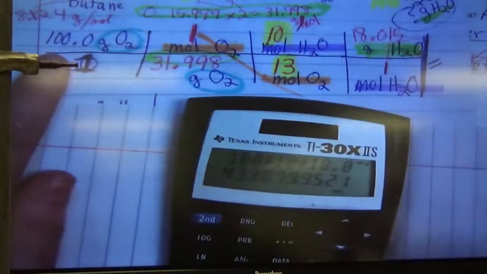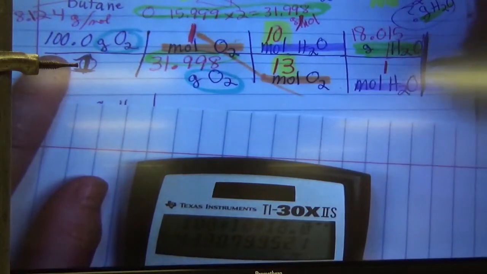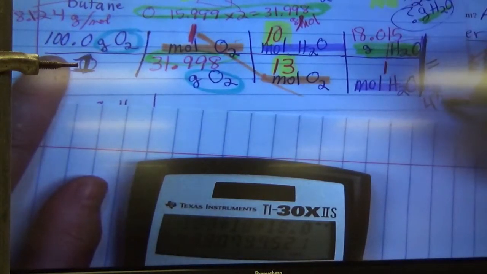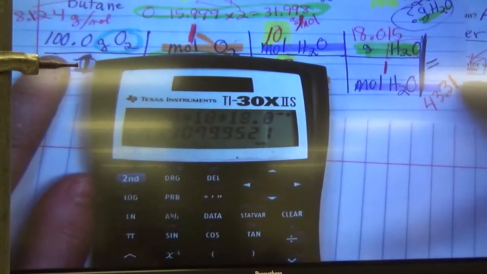So that is why I'm going to keep 4 digits here. And it's going to be 43.31 when I round it properly. The 0 is followed by a 7, so 43.31.